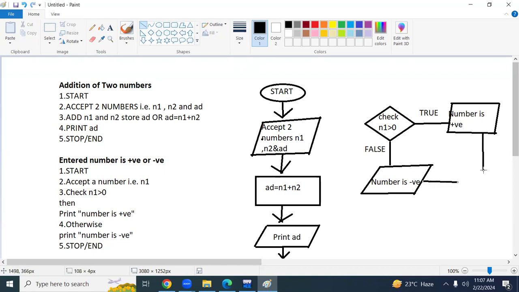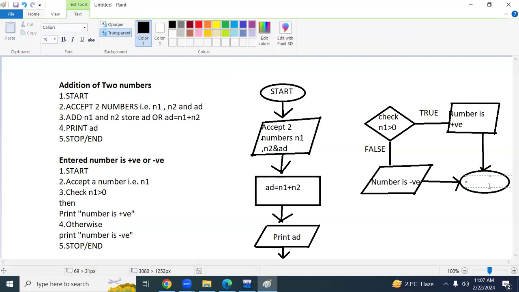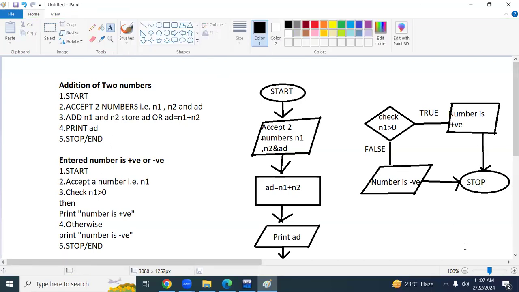So here I'll draw the arrow properly. And now both ends we need to stop this. And here we need to write end. Is it clear to all of you?